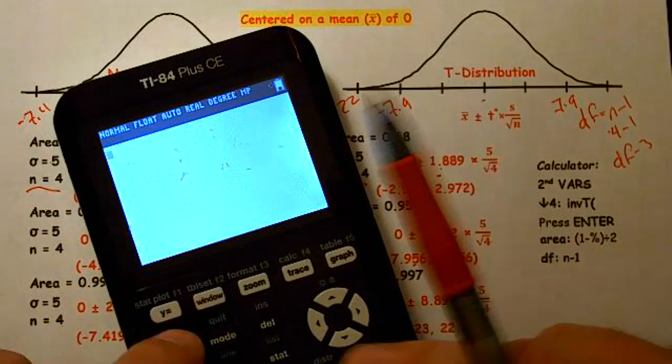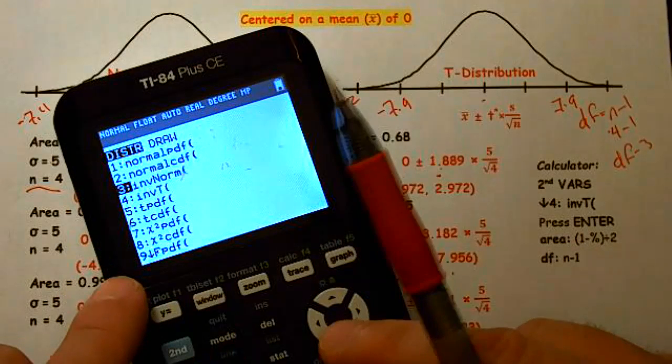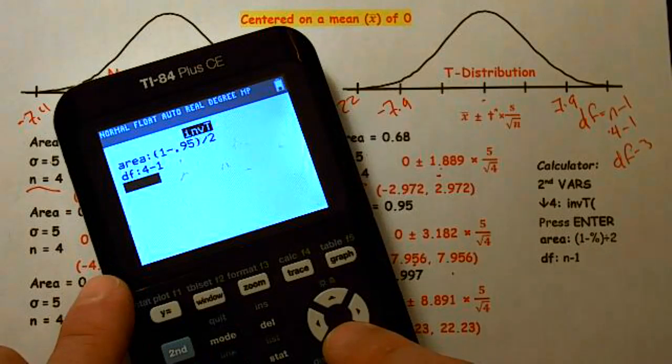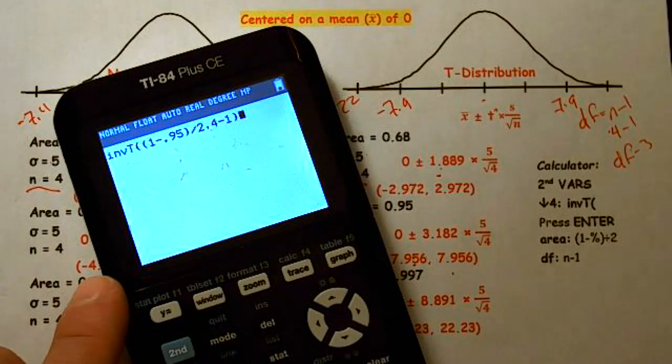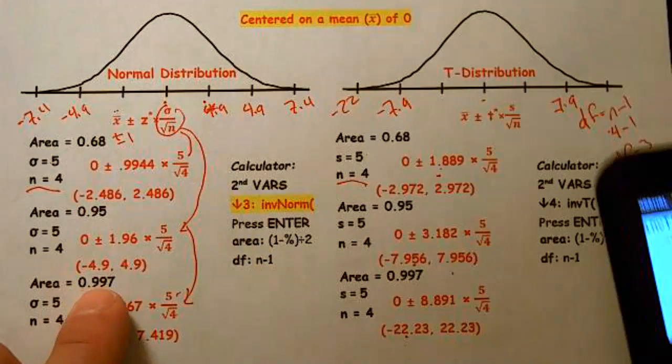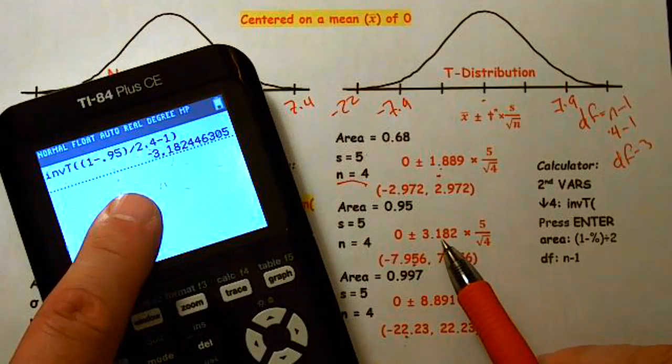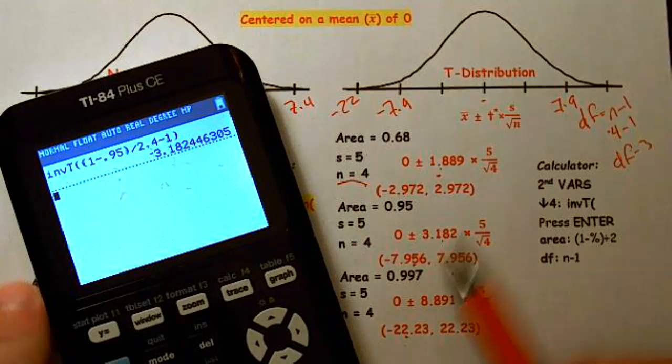Second vars, inverse t, 1 minus 0.95 divided by 2, degrees of freedom. Well, how did that happen? Oh, that's correct. 3.182.